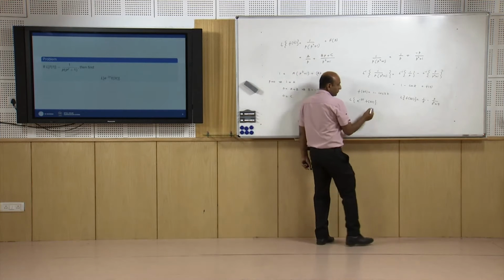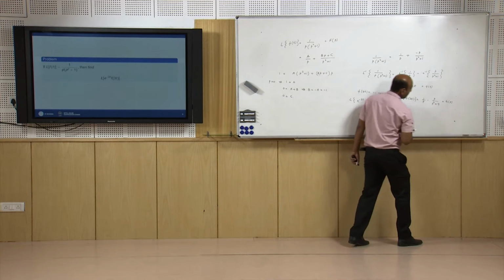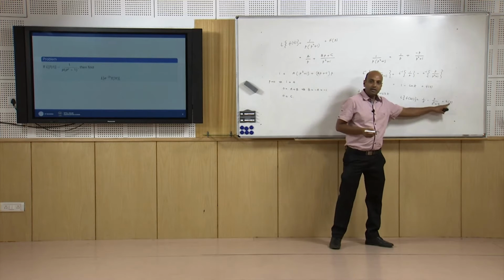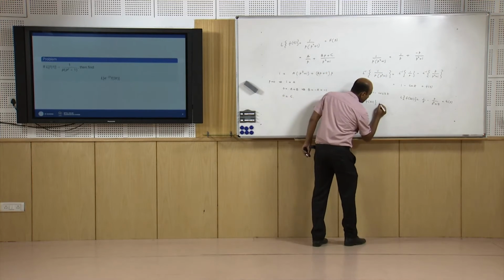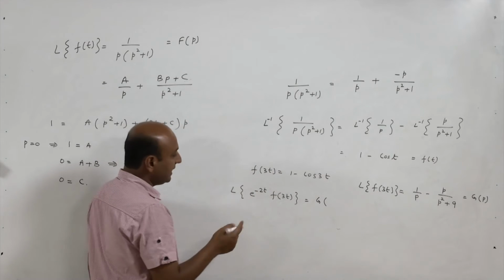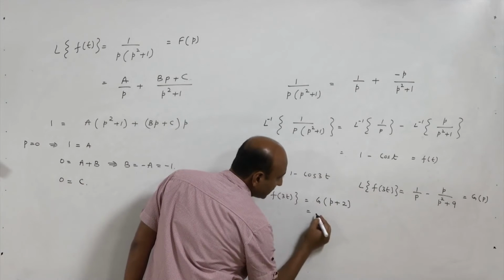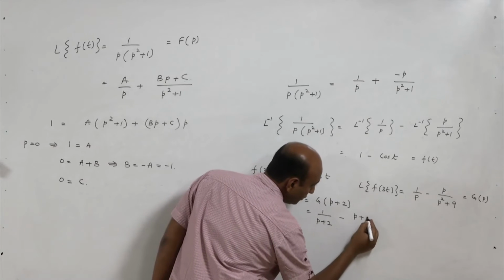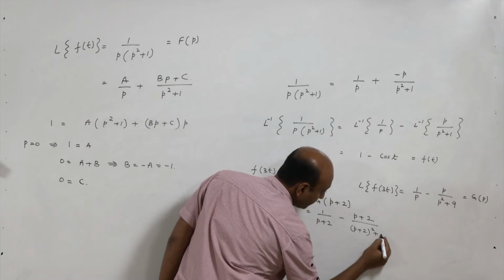So, this we are taking as suppose G(p), a function of p. So, Laplace of f(3t) is G(p), then Laplace of this expression will be nothing but G, where you replace p by p minus a, here a is minus 2. So, it is nothing but p plus 2. So, that is nothing but 1 upon p plus 2 minus p plus 2 upon (p plus 2) whole square plus 9.